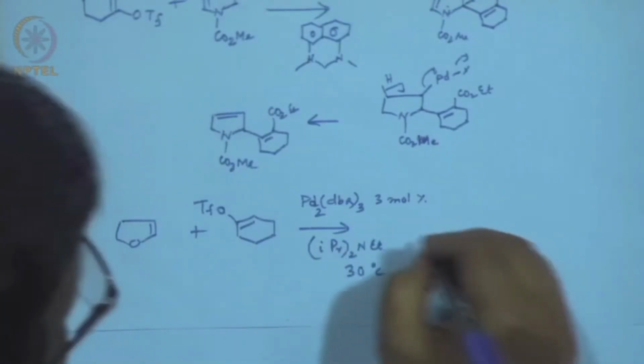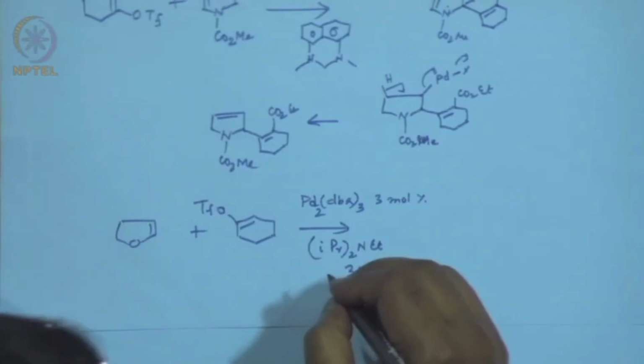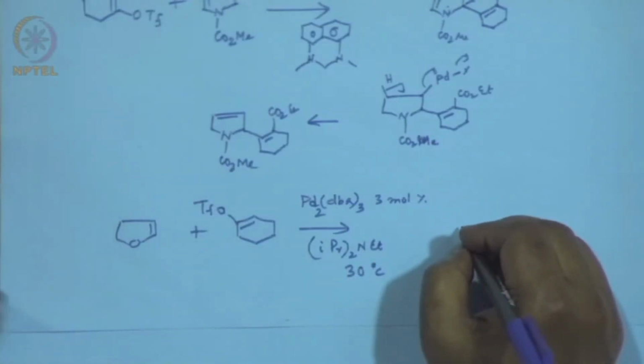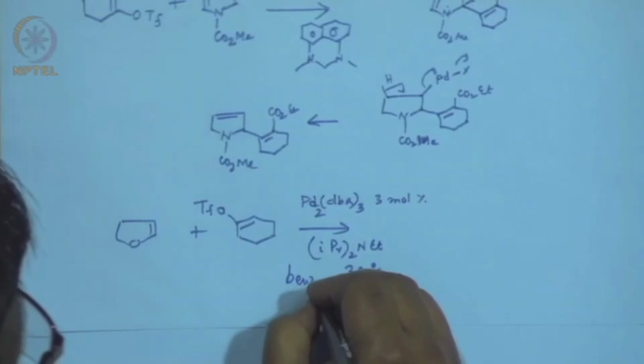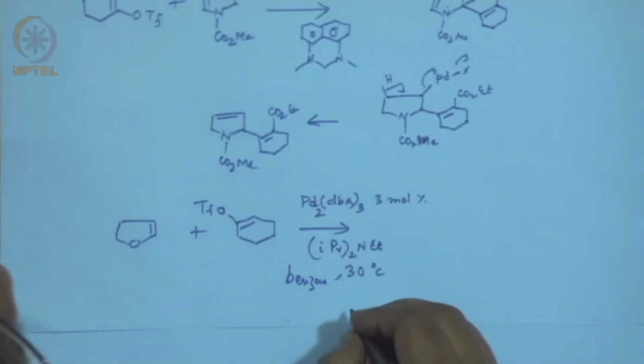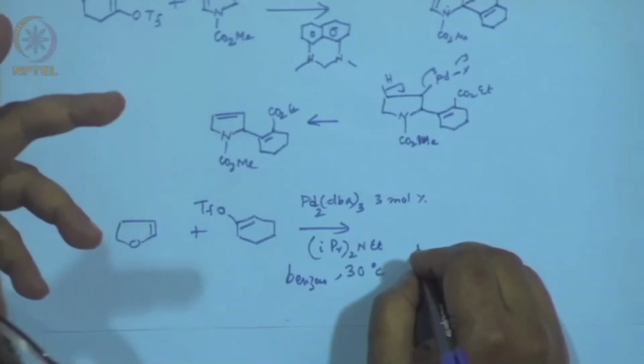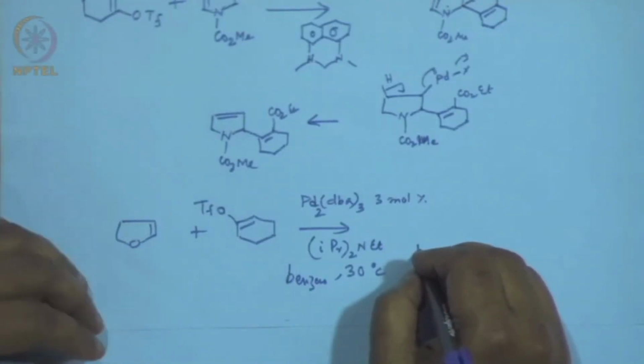This is also sometimes called a unique base, okay. And of course, is anything else missing? Solvent, benzene, and a ligand, a phosphorus ligand, okay.